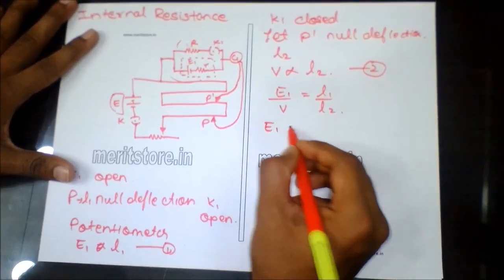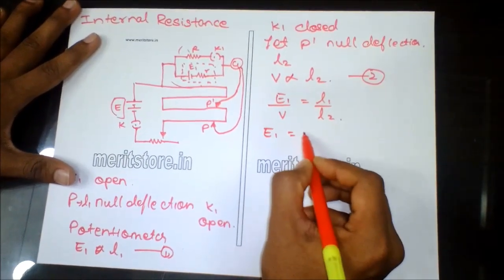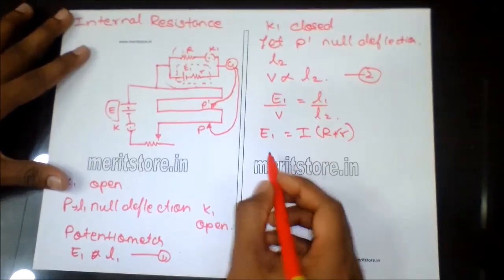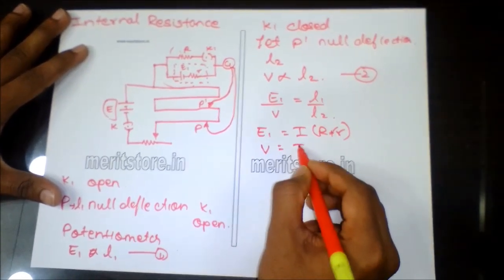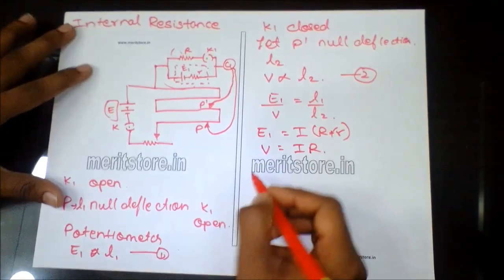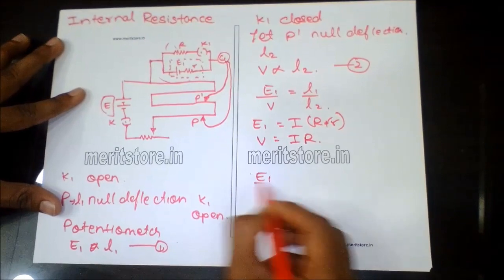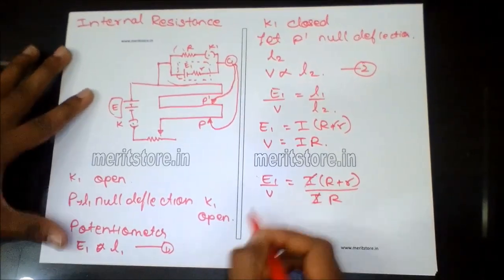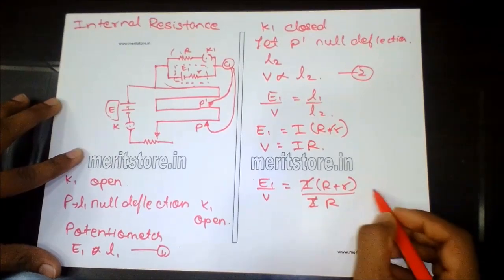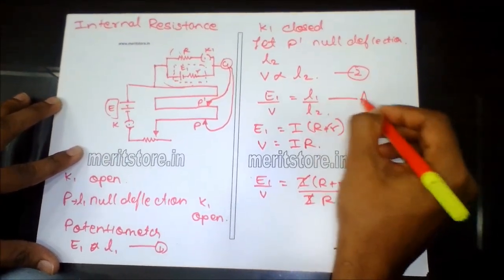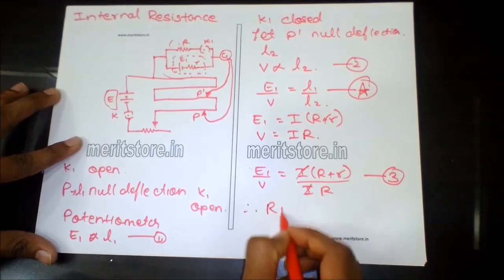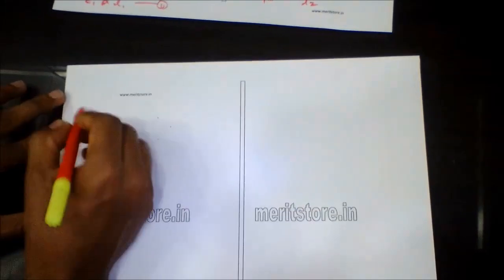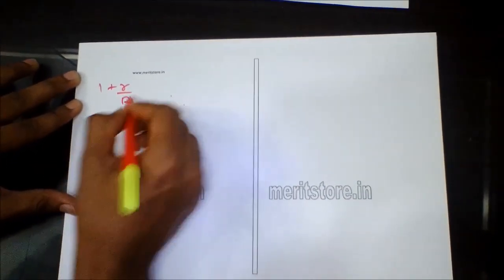Since E1 can be written as I times R plus r, where small r is the internal resistance of the cell, and V is the potential difference across the circuit, which is equal to I into R. Substituting these values, we get R plus r upon r.